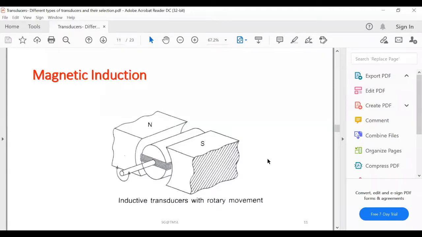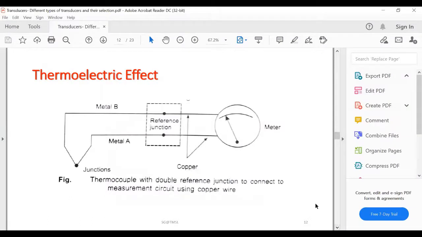Okay, so move on to the next one, which is the thermoelectric effect. So all of you know about the thermocouple. I think you are all familiar with these terms: thermocouple, thermistor. So basically, two wires of different material, that is iron and copper, are assumed to be connected so that they form a closed conducting loop.